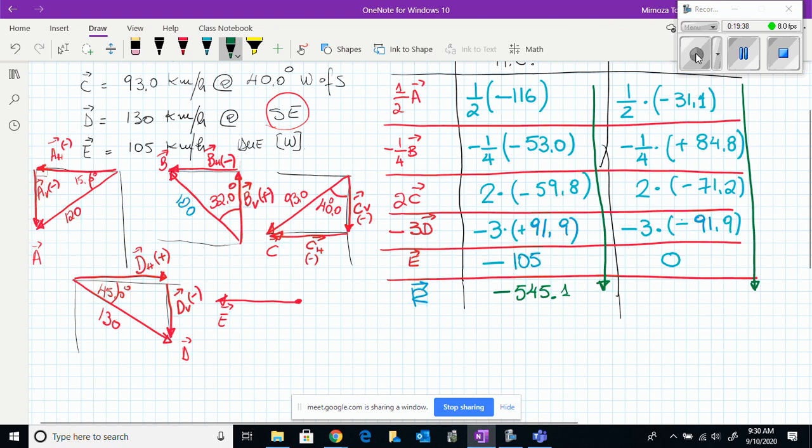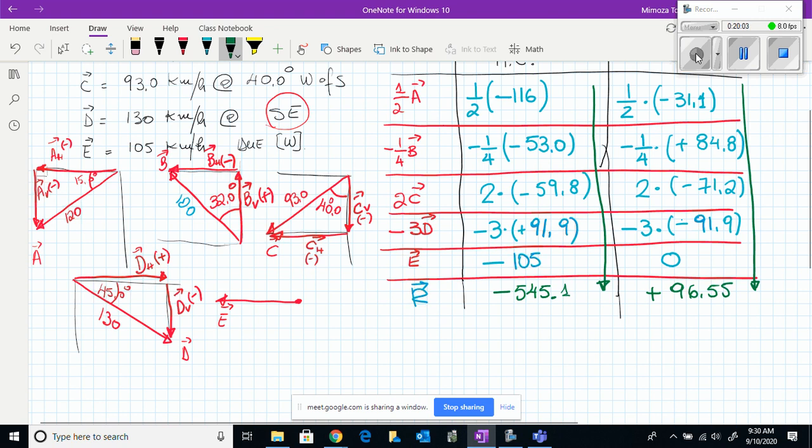Positive and negative gives you negative, so 2 times 71.2. Negative and negative gives you positive, plus 3 times 91.9 plus 0 will be positive 96.2.